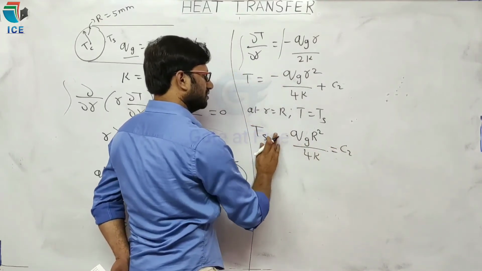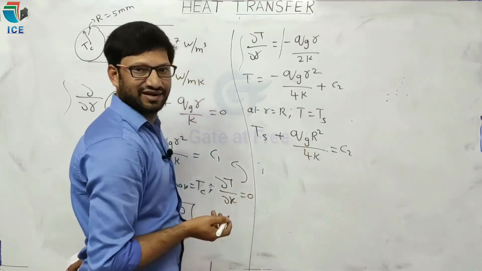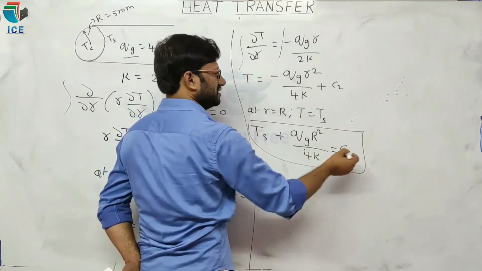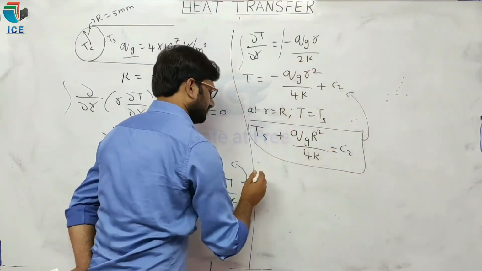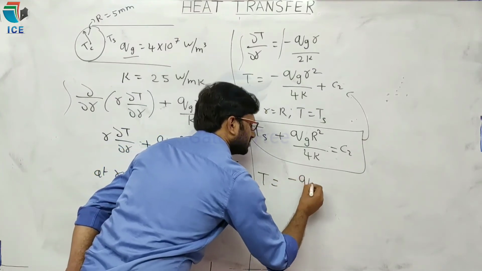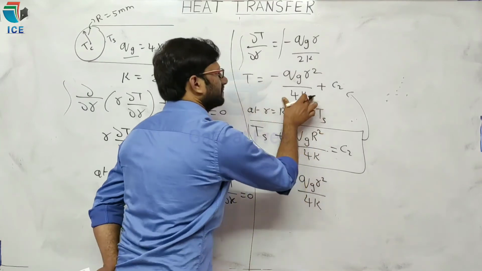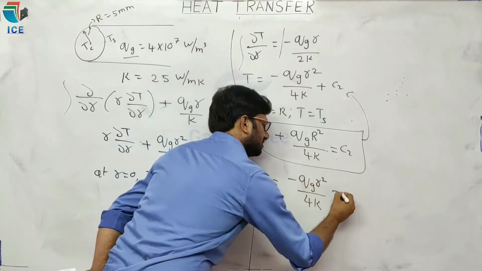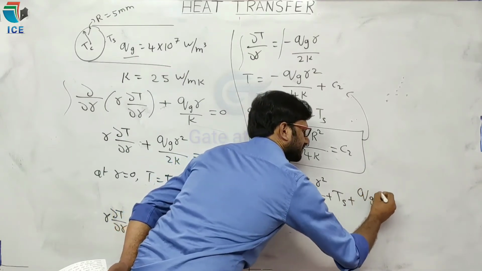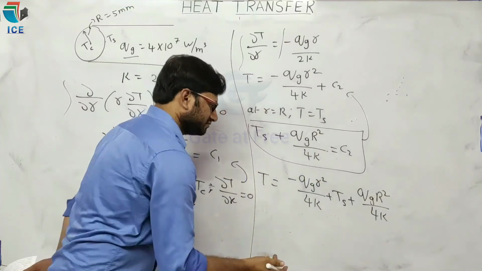C2 equal to Ts plus Qg capital R square divided by 4k. Now we know the C2 value. Now substitute C2 in the above equation. T equal to minus Qg small r square by 4k plus C2. What is C2? Ts plus Qg capital R square by 4k.